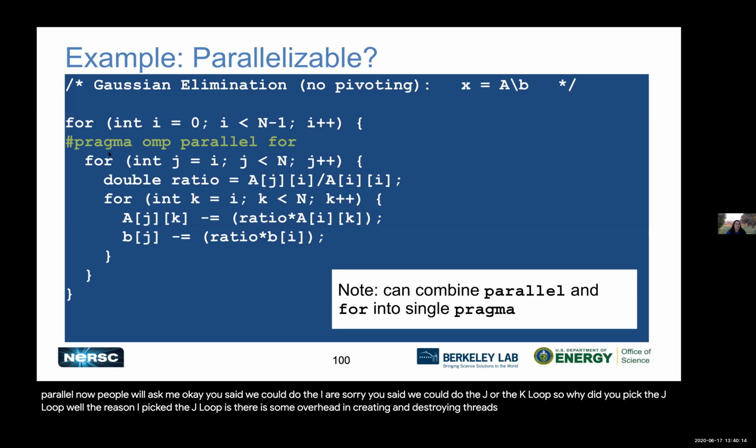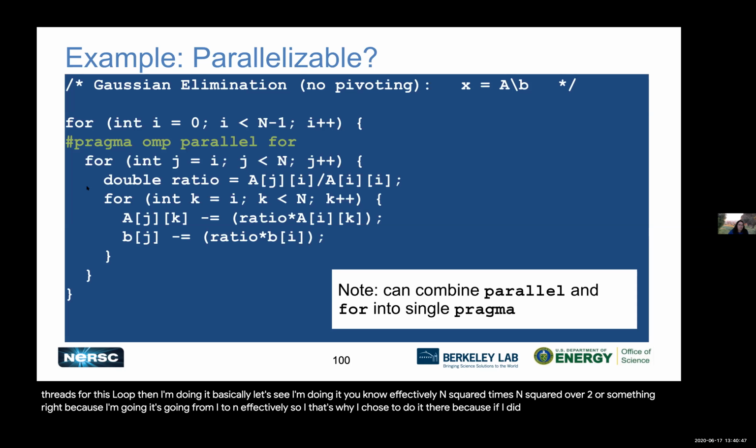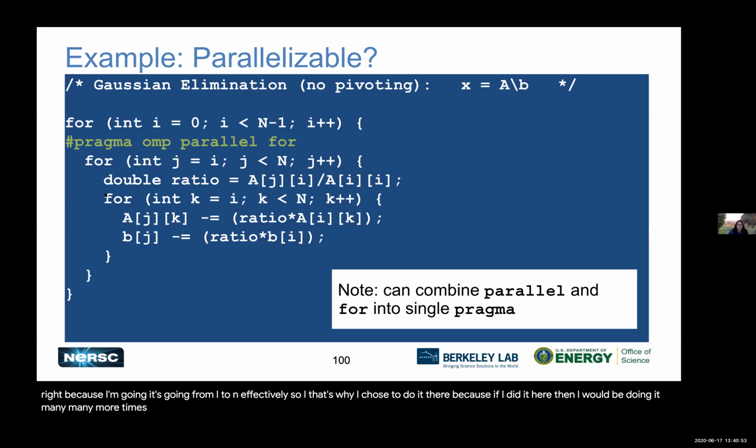So if I pick this place here to create threads for this loop, then I'm doing it effectively n squared over 2 times or something, right? Because it's going from I to n. So that's why I chose to do it there, because if I did it here, then I would be doing it many, many more times, right?